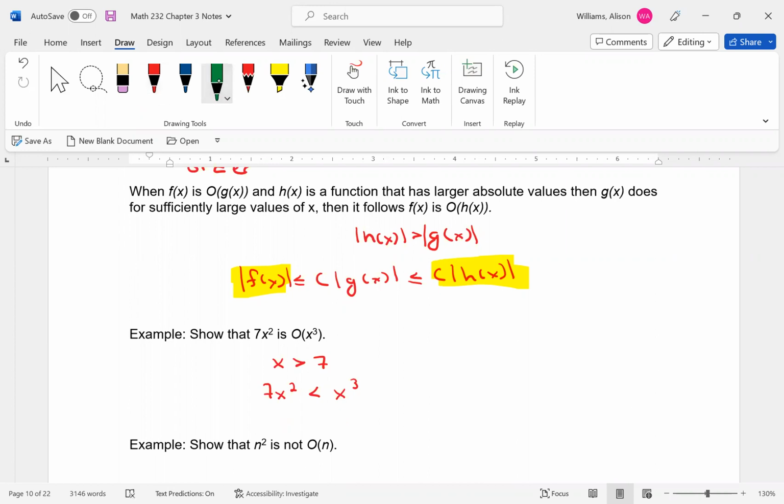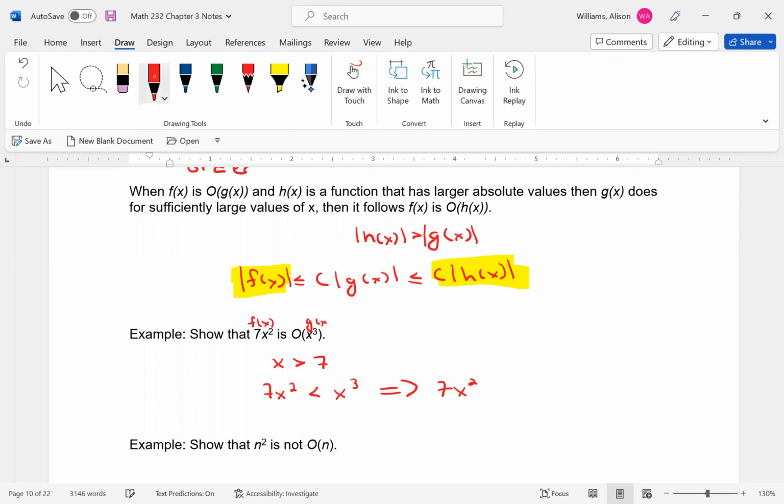Here, let me write out what I just said. If x happened to be 8, clearly, that works, right? The inequality holds. So if we're big enough, this statement is absolutely true. So that means that I could say 7x squared, which is my f of x here, that is f of x.